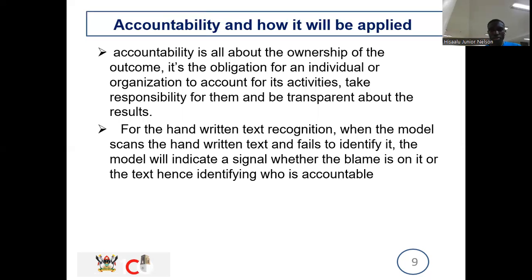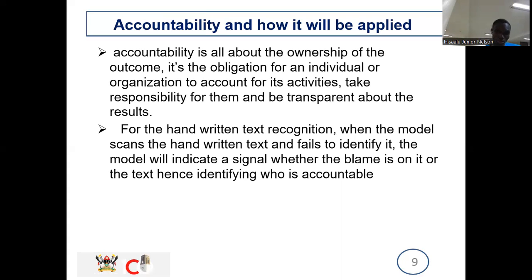So with accountability and how it will be applied, accountability is all about the ownership of the outcome. If I can give you an example, in case something wrong happens, maybe if I'm scanning the handwritten text and the machine fails to recognize it, who will be blamed for that?